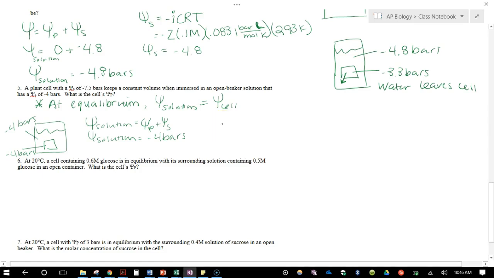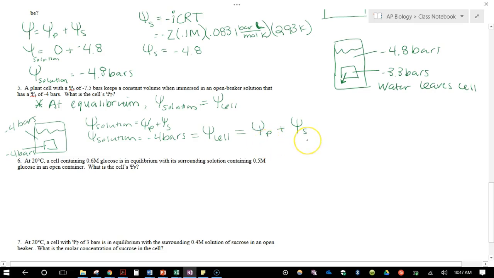Let's go through and figure out how we can do that. If the solution equals negative 4 bars, and I want my cell to also equal that, let's go through it.